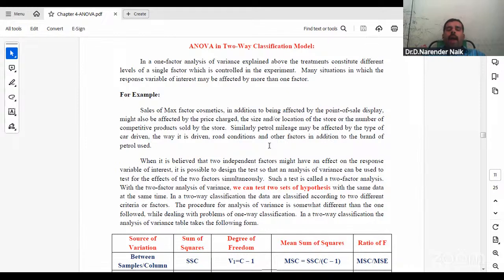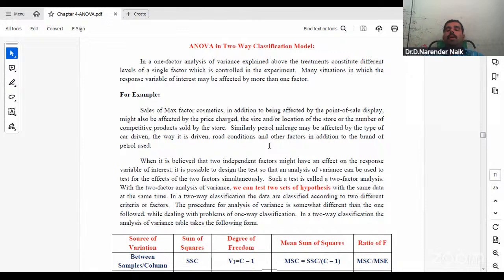Sales of Max Factor cosmetics, in addition to being affected by point of sale display, might also be affected by the price charged, the size or location of the store, or the number of competitive products sold by the store.